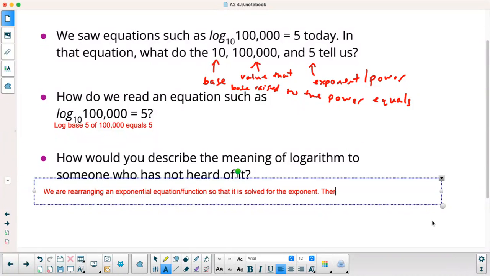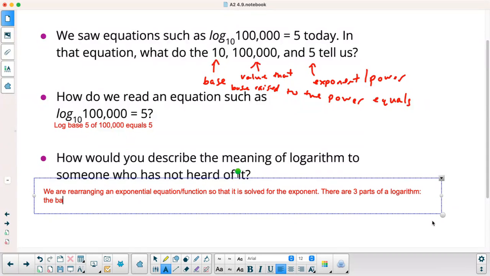I would say there are 3 parts of a logarithm: the base, the exponent, and the value that the base raised to the exponent equals.